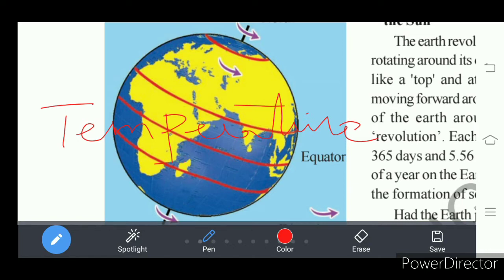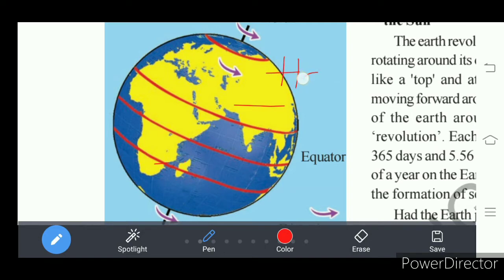uniform throughout the earth. Some places are cool on the earth and some places are hot, right? In the morning, every day in the morning, we find it is cooler.